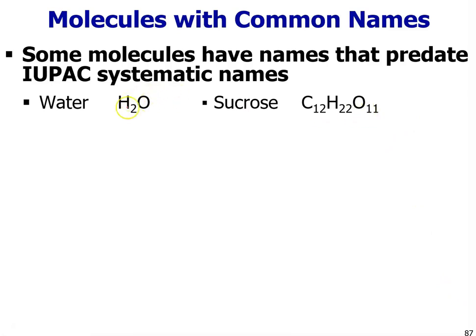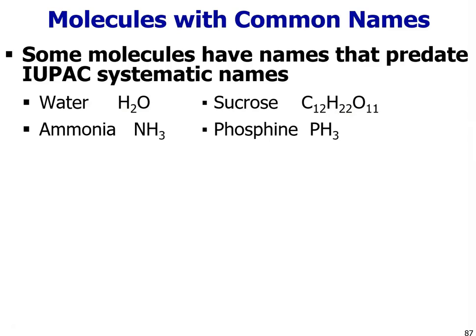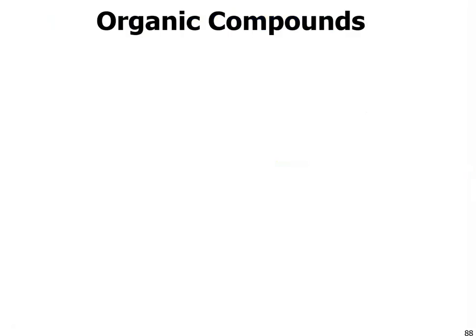So we don't use this naming system for those things because they were around before we had the naming system, and it's just too hard to ask other people to change the names. Ammonia, phosphine, those are all things where we typically don't say nitrogen trihydride, for example, or phosphorus trihydride. We don't do that. They're called ammonia and phosphine because they existed here already before this naming convention came out.